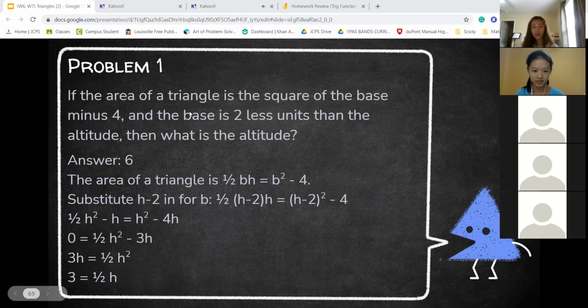Yeah, it did. So that's why it became H here. Okay, but then why do we do a 1/2 H squared? Because this becomes 1/2 times H squared minus 2H, and I need to distribute the 1/2. So I go here, 1/2 times H squared, and I also do this part.